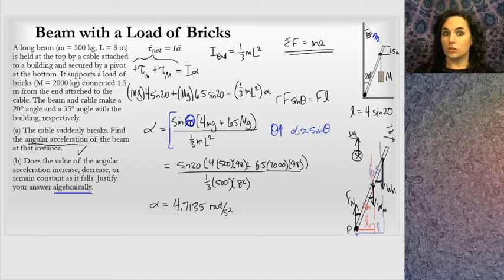And that would give us the largest acceleration. So as the beam falls, it will increase because alpha is proportional to sine theta, and theta is increasing, which causes alpha to increase. And that's an algebraic solution. I didn't have to plug any new numbers in order to figure that out. I just used the equation that I had already.